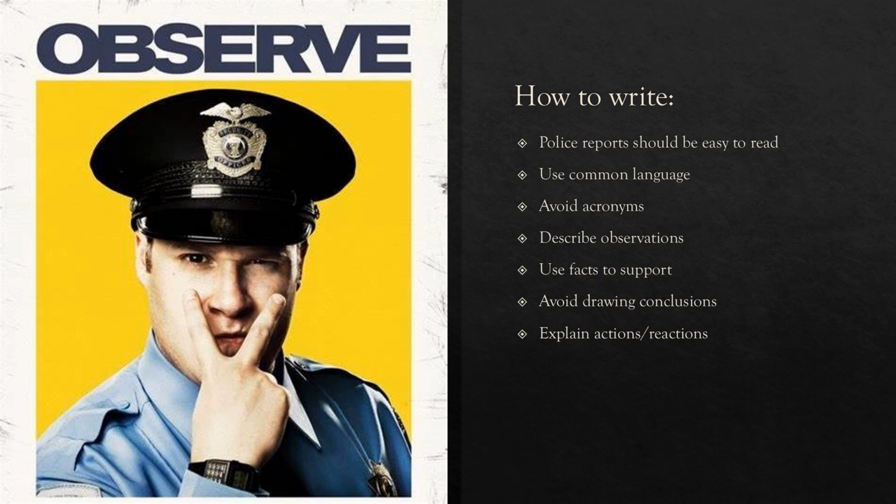It should describe the witnesses, any available evidence, and interactions with either the subject or witnesses. Anybody associated with the scene should be described in the report so that the reader understands who was all there and what their role in the incident was.